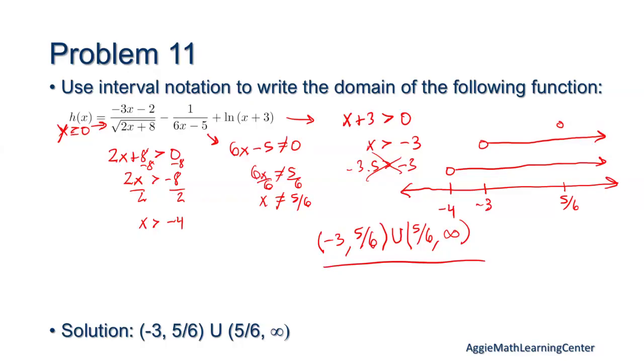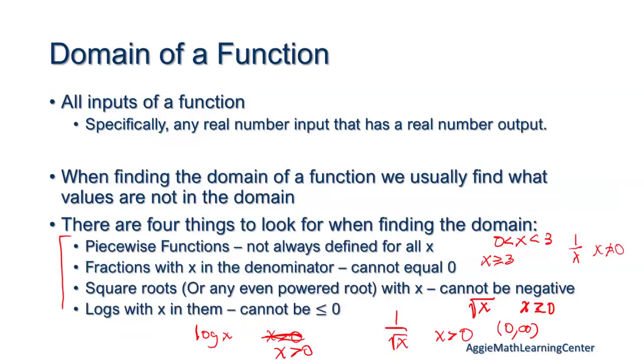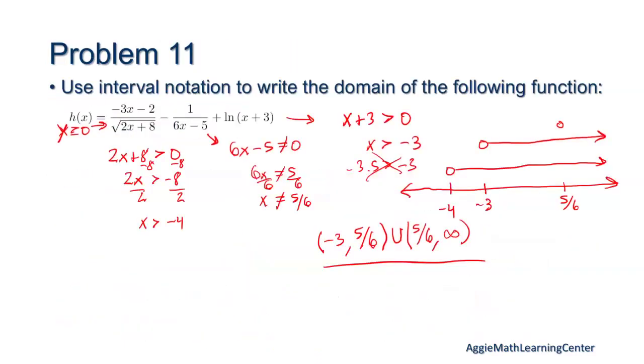Any other questions? Yeah. So how do you know when it's included or not included? So we find each place where the domain is limited. Like we have our square root here, and we also have the denominator. Any of these limit our domain. And it's any real number input that has a real number output. So if we plug in negative 5, we run into a problem here.